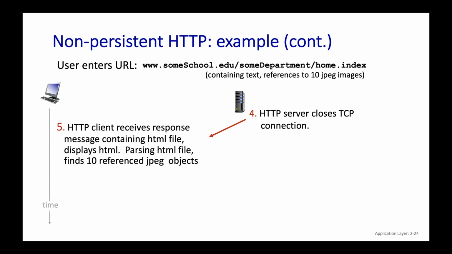So HTTP client receives the response message containing the HTML file, displays the HTML, parsing that HTML file, it finds that there are 10 referenced objects. कोई उसके अंदर 10 images पड़े हैं. अब उसको वो सारे भी मंगवाने हैं. लेकिन ये TCP connection close हो गया, तो वो steps 1 to 5 repeat करेगा for each of those 10 images. TCP connection पहले establish करेगा, फिर उसके बाद request भेजेगा, और उसके बाद response जो आएगा, एक object आएगी उनको display करता है. This happens very fast.